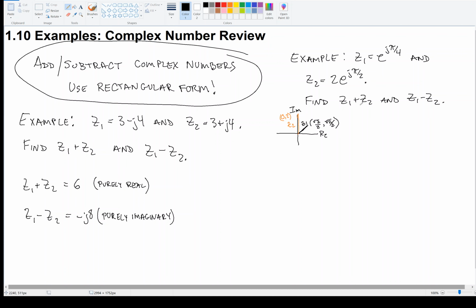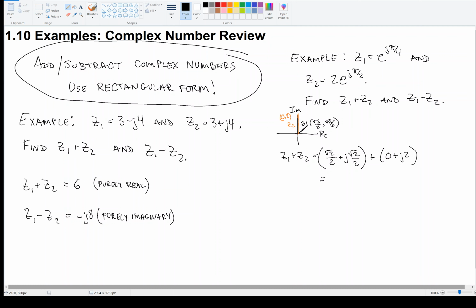Okay, so when I add these, the calculation I'm doing is square root of 2 over 2 plus j square root of 2 over 2. That's the first complex number. Plus 0 plus j2. That's the second complex number.